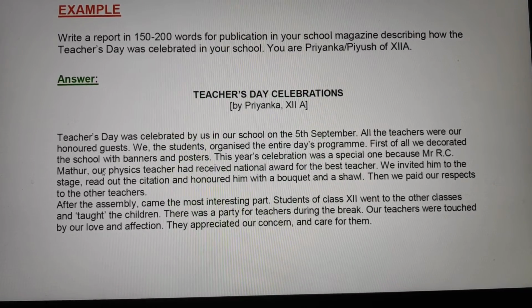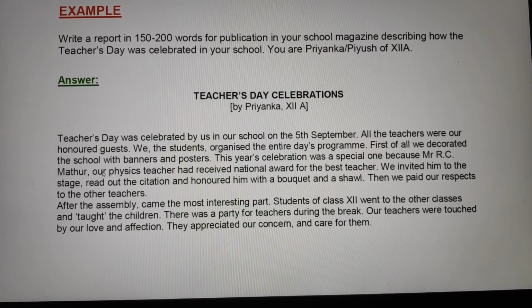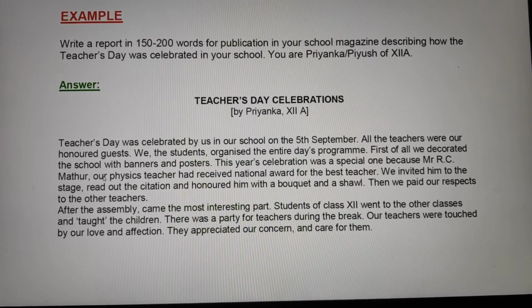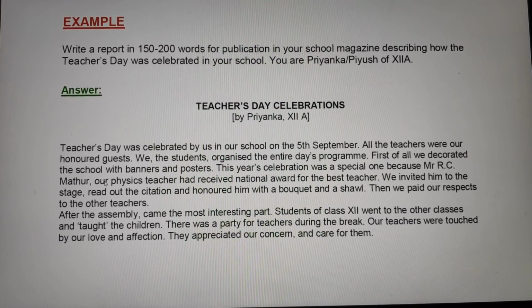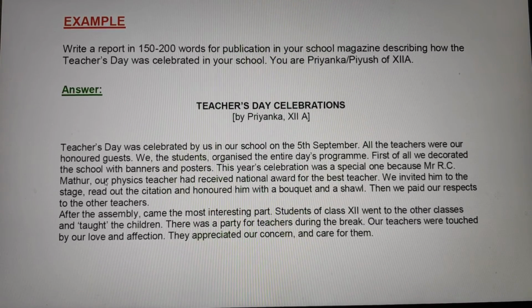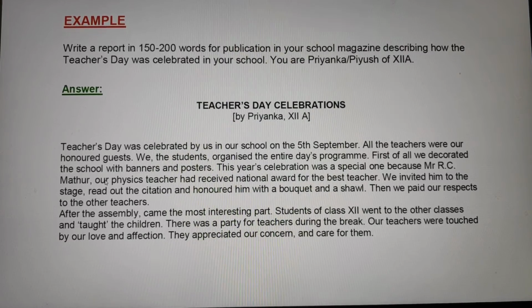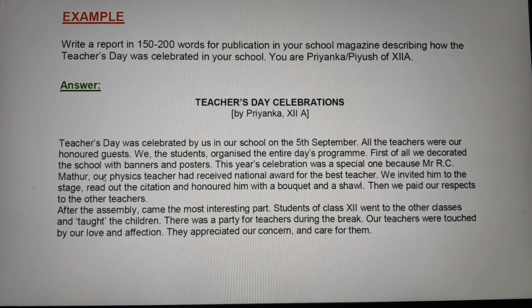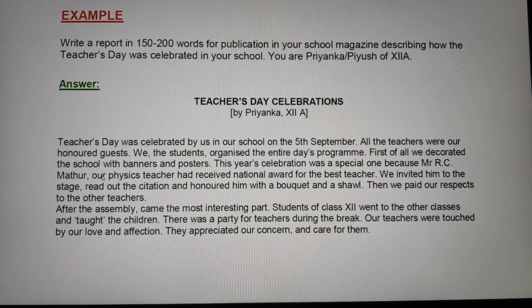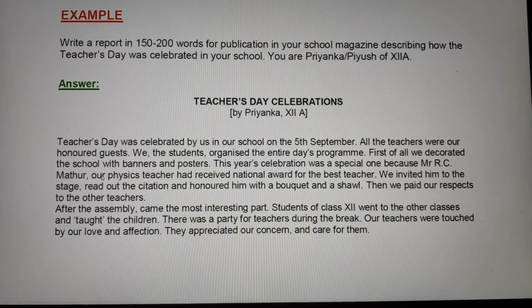Teachers' Day was celebrated by us in our school on the 5th September. All the teachers were our honored guests. We the students organized the entire day's program. First of all, we decorated the school with banners and posters.